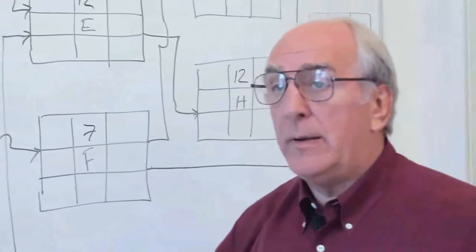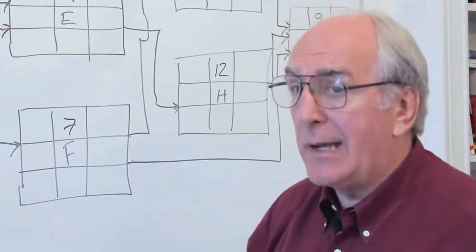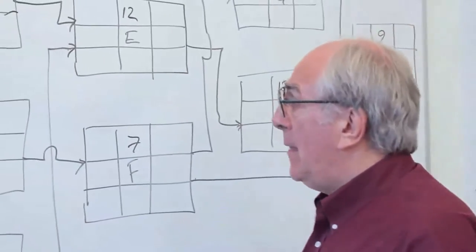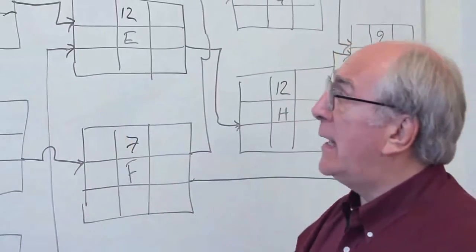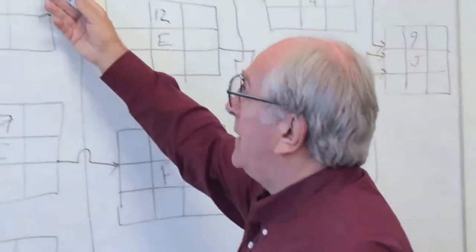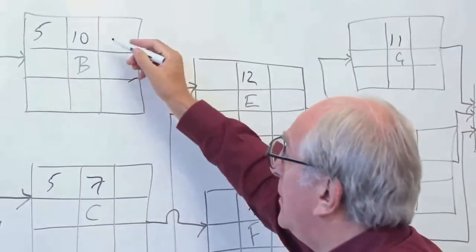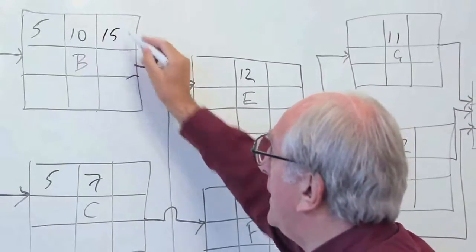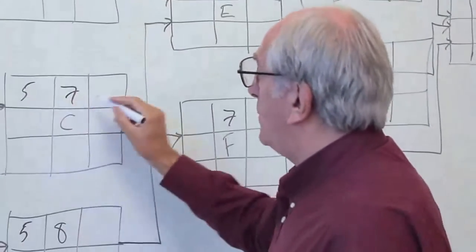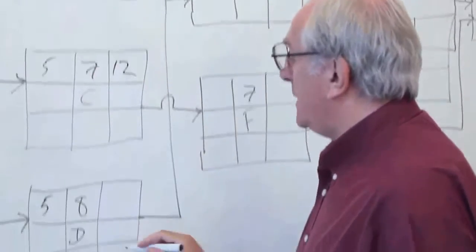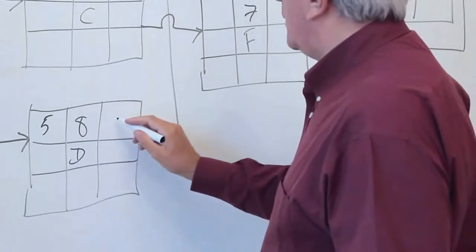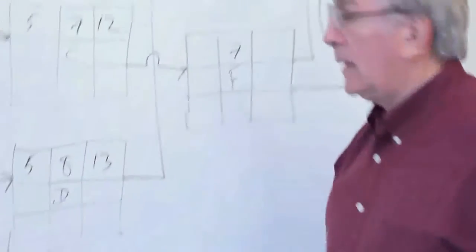We're not worrying about anything other than these pure time units. And that gives us the ability to move on using that equation to show that the early finish for activity B is 5 plus 10, 15. For C, it's 5 plus 7, 12. And for D, it's 5 plus 8, which would be 13. Okay?